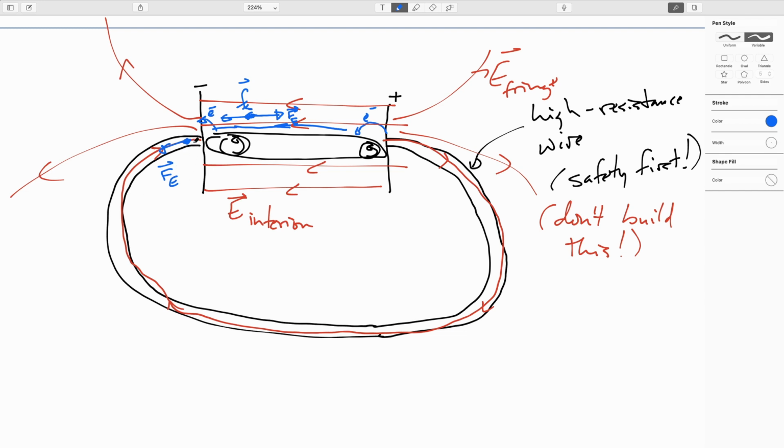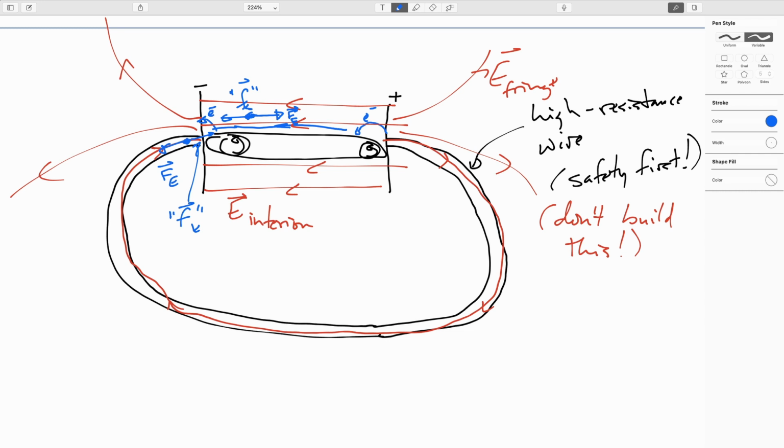And also, there is some sort of an analog to kinetic friction. I'll put that in quotation marks there, just like I do here. There's some sort of an analog to kinetic friction because, like I said, this is high resistance wire. The electrons, it turns out, will have collisions with the partially shielded nuclei in the wire, imparting kinetic energy and losing kinetic energy in the collisions as a consequence.